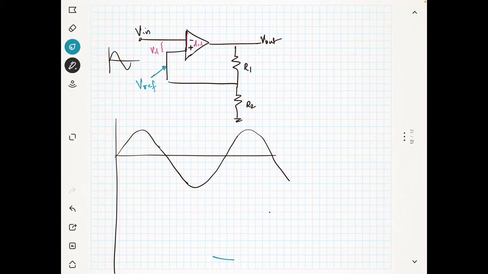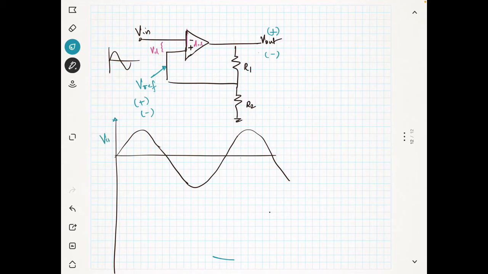If the output is positive, the reference voltage also will be positive. If the output is negative, the reference voltage also will be negative. That is, the reference voltage is not fixed here like in the previous circuits, where you were fixing the reference voltage.